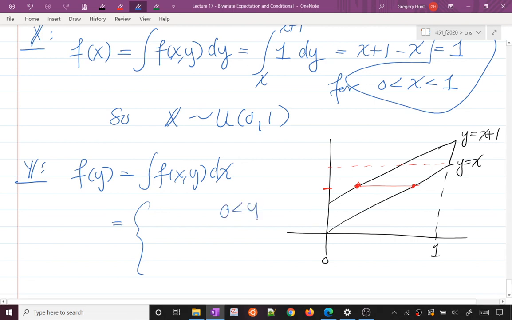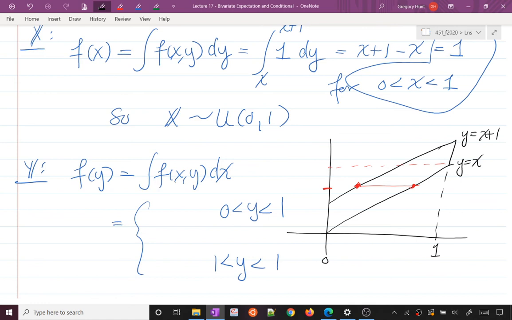One, y is between 0 and 1. And two, y is between 1 and 2. My picture is not the greatest here, but those are the two cases that we're going to have.